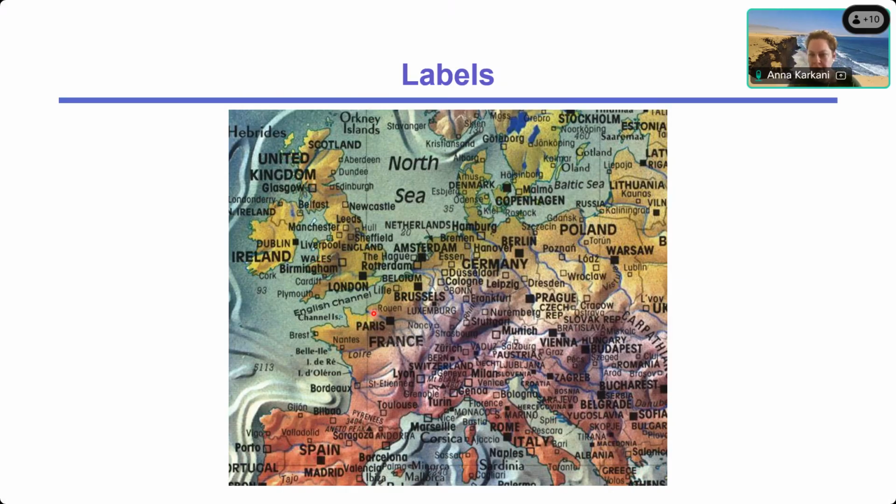It has a different symbol, and you can see different letter sizes, font sizes, and different properties for each category of labels. But it's part of a political map in any case.